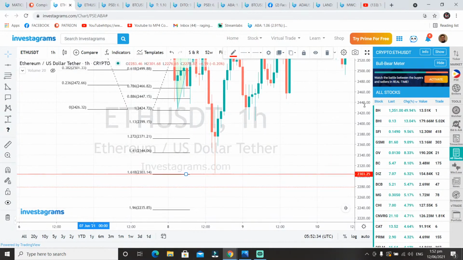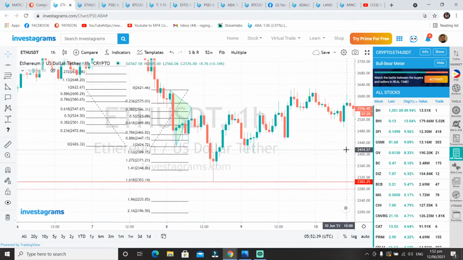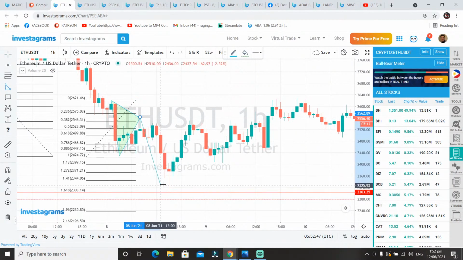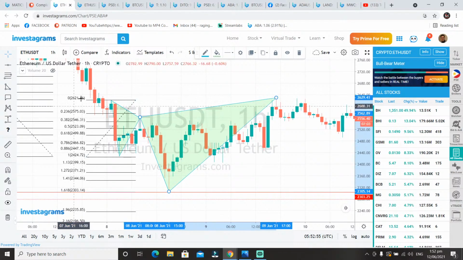Since it didn't touch the 161 level, we can now make another triangle pattern. So we have X, A, B, C, then C to D. And our D actually made it to this level. X, A, B, C, then D.